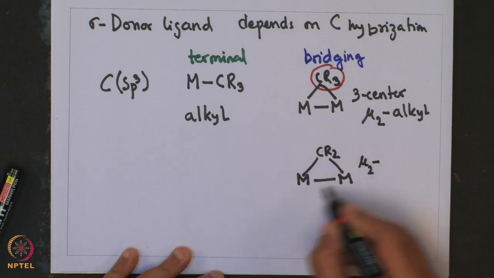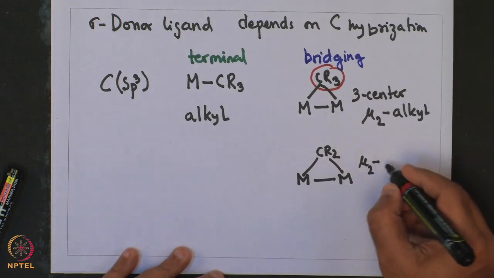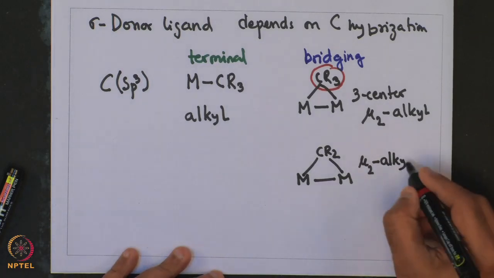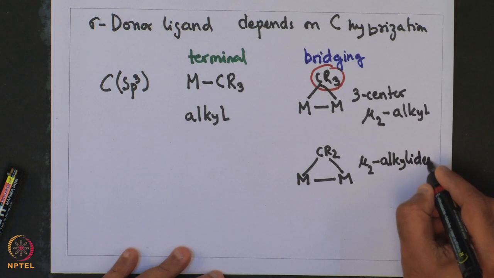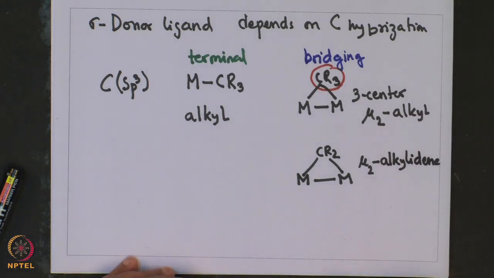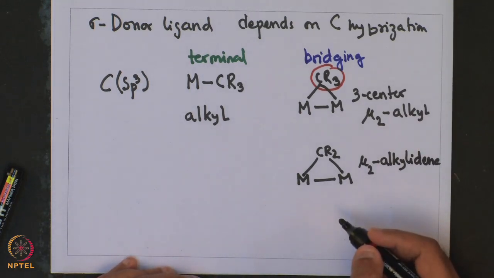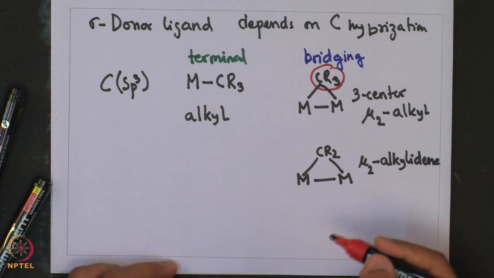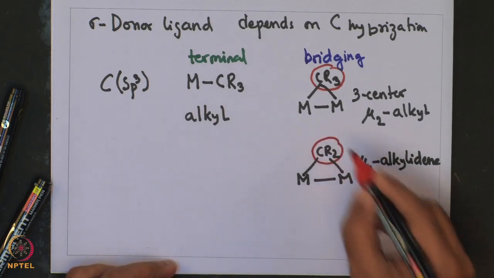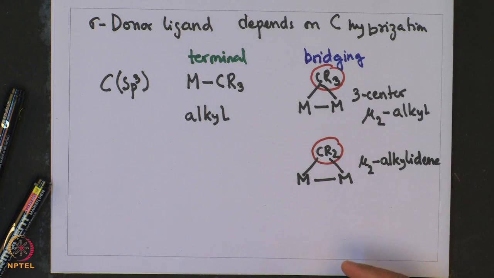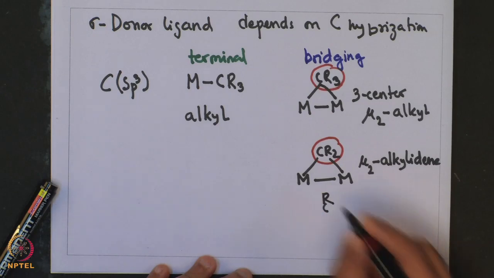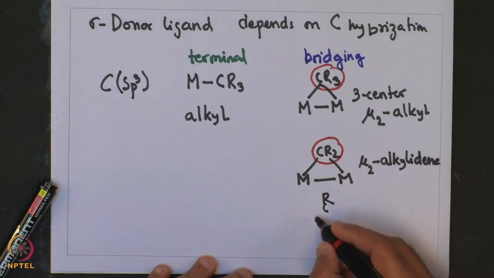Again, mu means bridging, and 2 means between the two metal centers. And it can be such that instead of CR2, one can have an alkyl moiety of the type CR bridging between 3 metal centers.